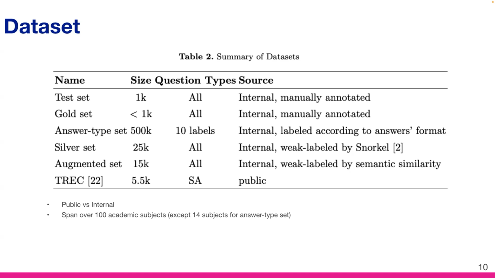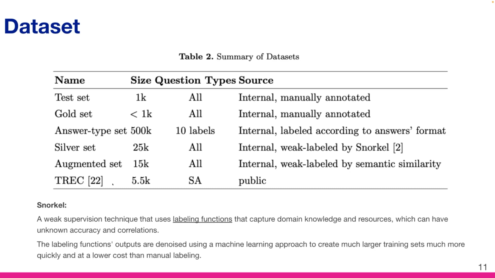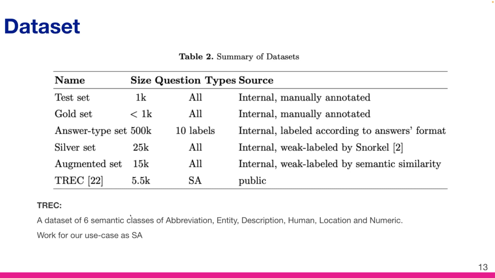So we also used a public dataset which is called TREC in this list. We use 5K samples from TREC. TREC is a dataset of 6 semantic classes: abbreviation, entity, description, human, location, and numeric. But this definition is different from the goal of question type and the definition of question type we had in our study.